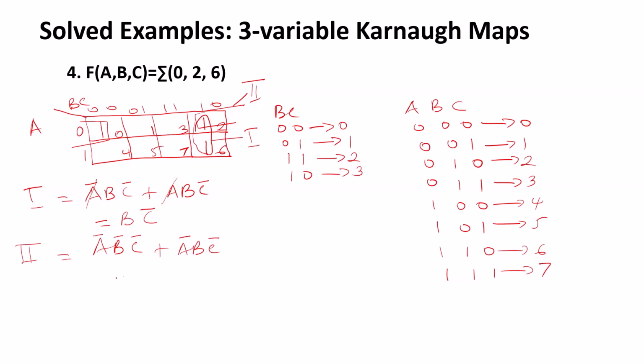So this one also returns, we have B bar and B. So this gives us A bar, C bar. So our output is now equation 1 plus equation 2, which gives us B, C bar plus A bar, C bar.